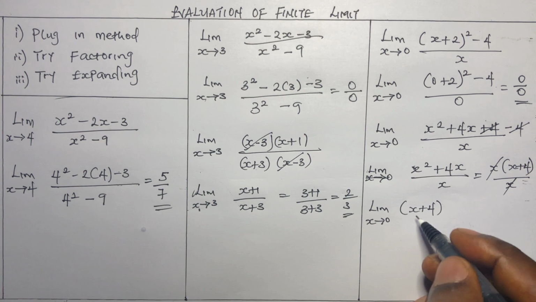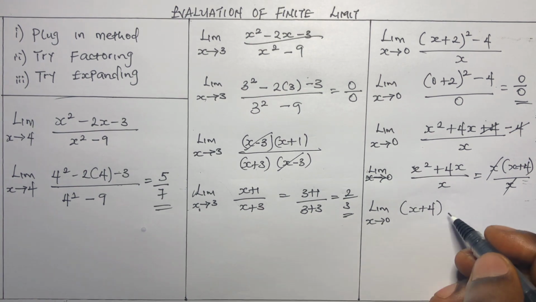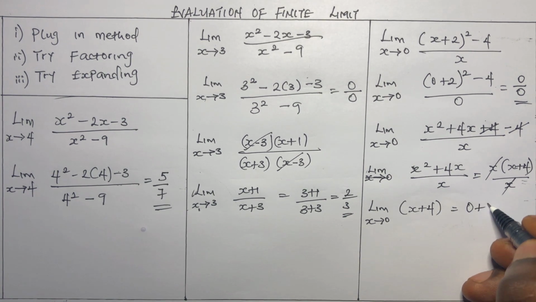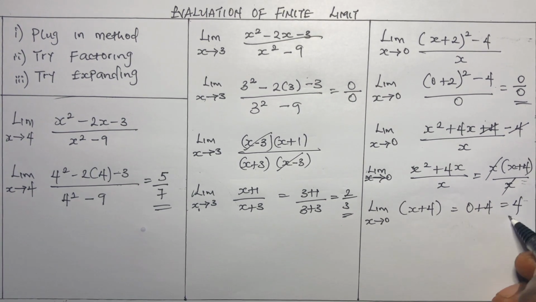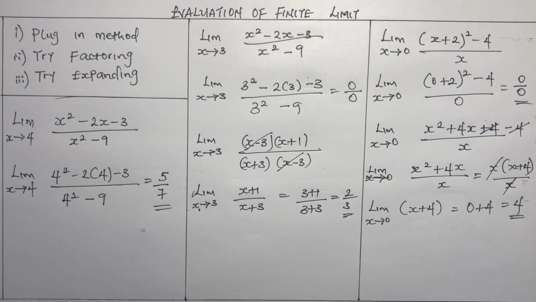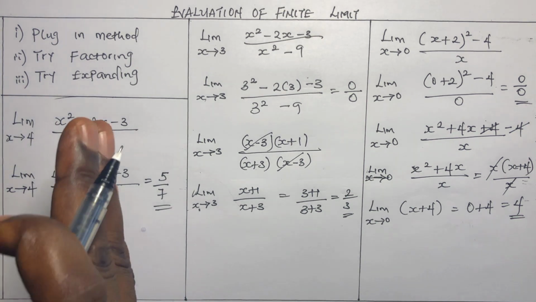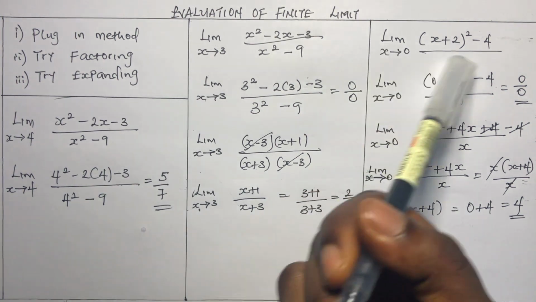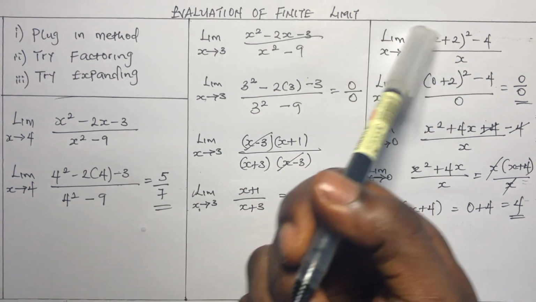Now when we substitute 0 for x, the limit will be equal to 0 plus 4, which is equal to 4. So basically we have seen that using the expanding method, we have been able to obtain the limit of this particular function that we have right here.